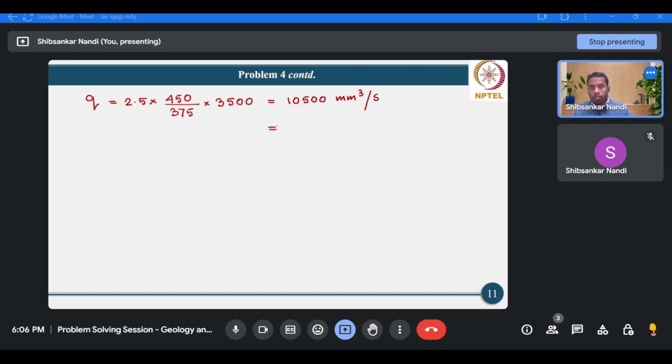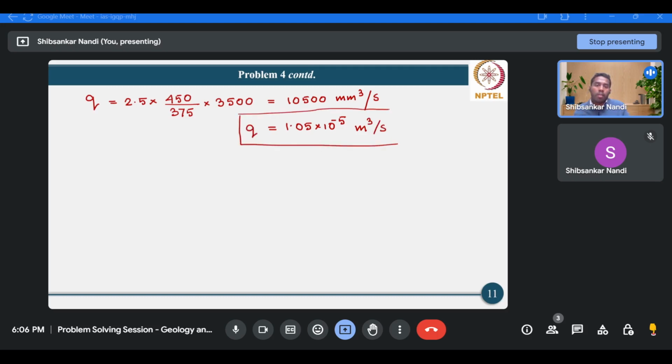So 1.05 into 10 to the power minus 5 meter cube per second. So this is the rate of flow.